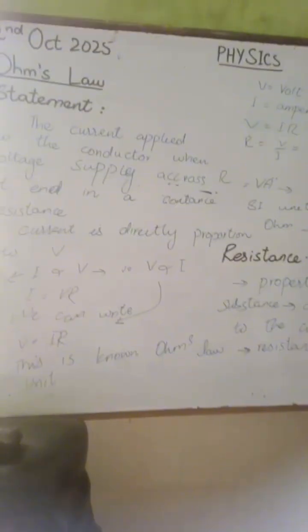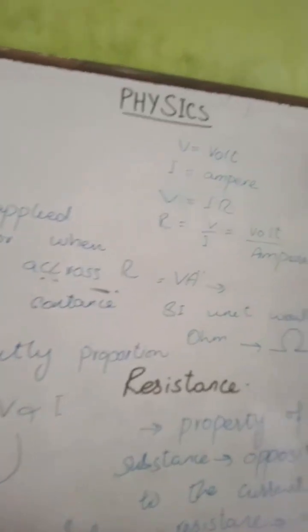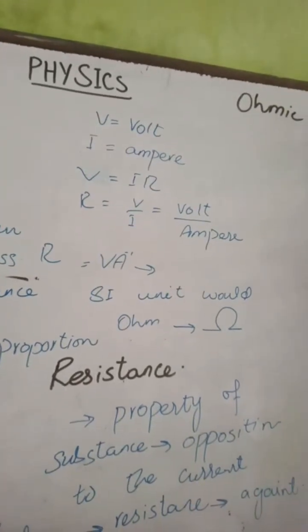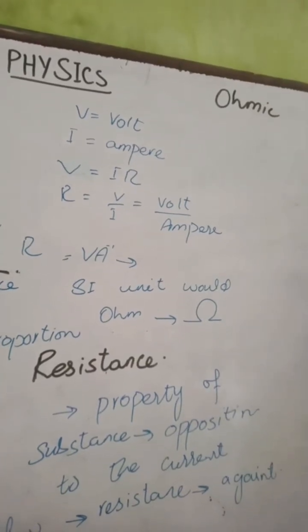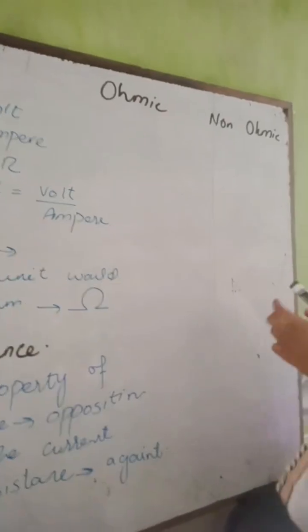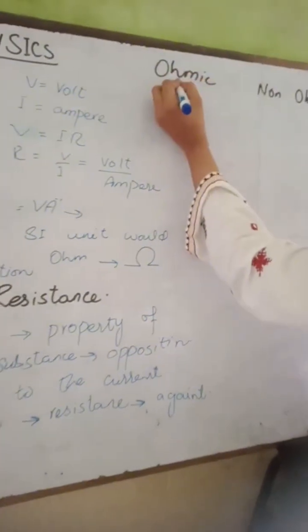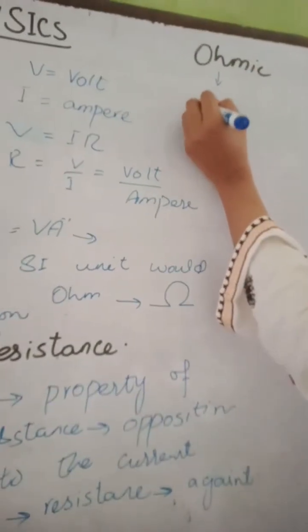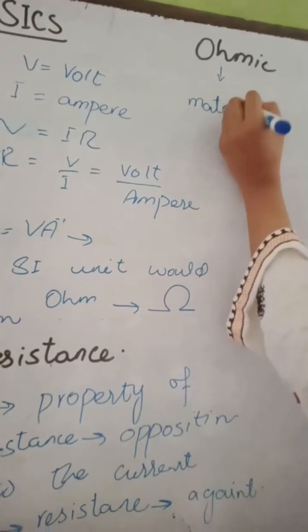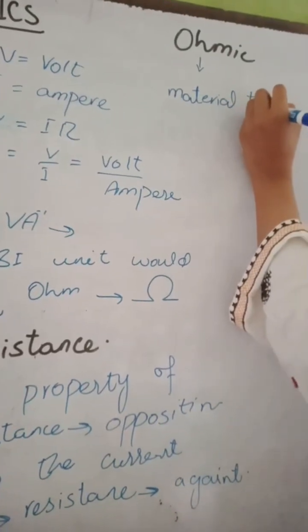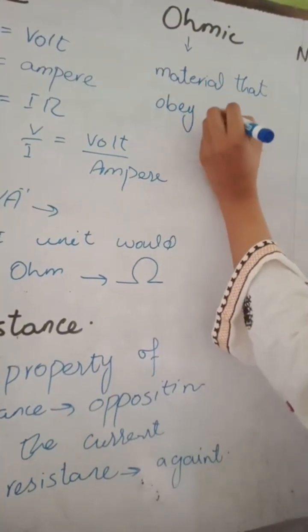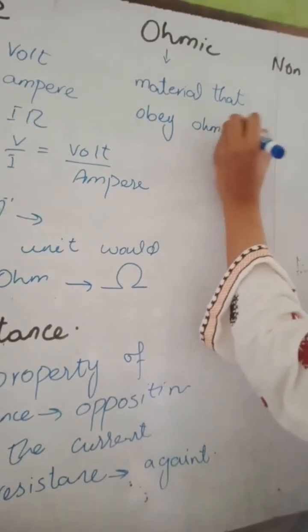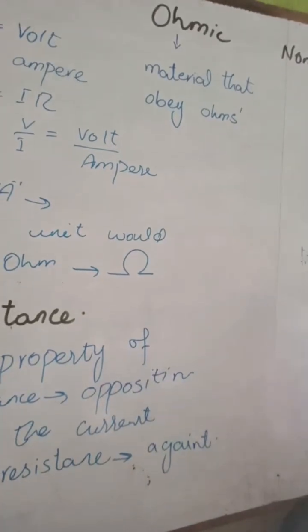There are two terms, ohmic and non-ohmic. Its name represents materials that obey Ohm's law that we discussed here.